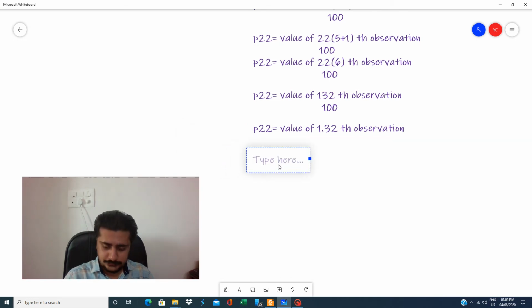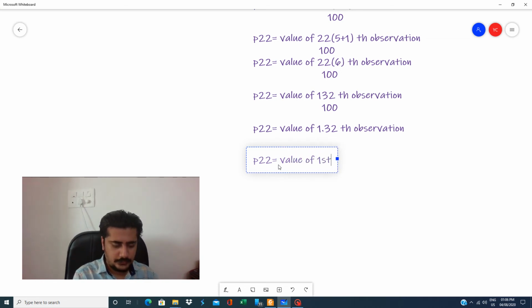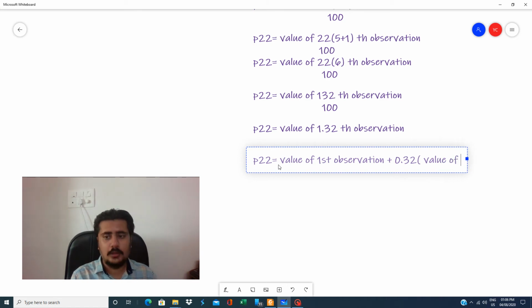P22 is equal to value of first observation plus 0.32 into value of, as I told you, if you get 1.32 you have to separate 1 and you have to separate 0.32. Now with 0.32 you will be multiplying with what?